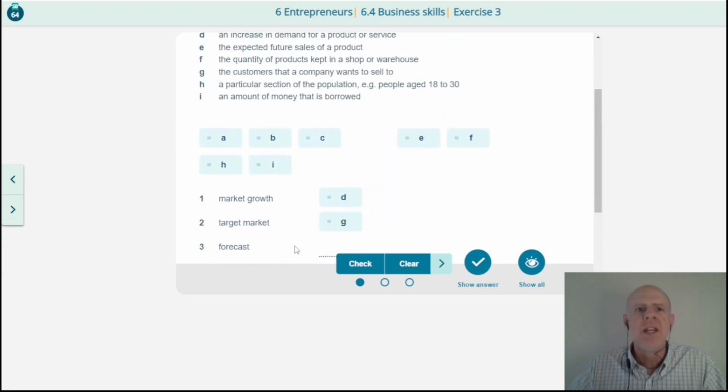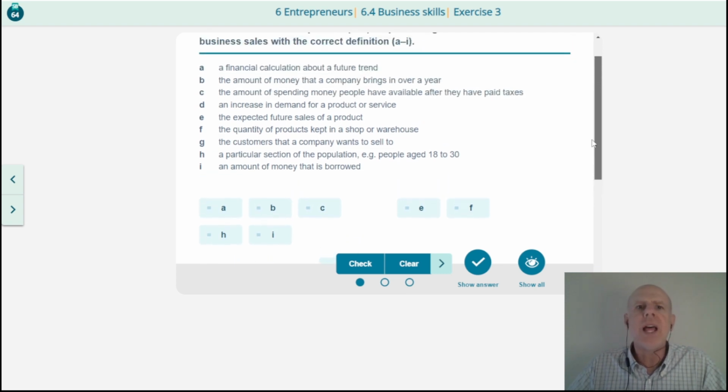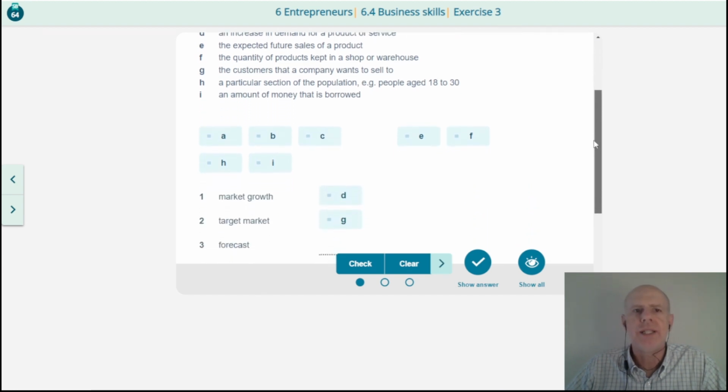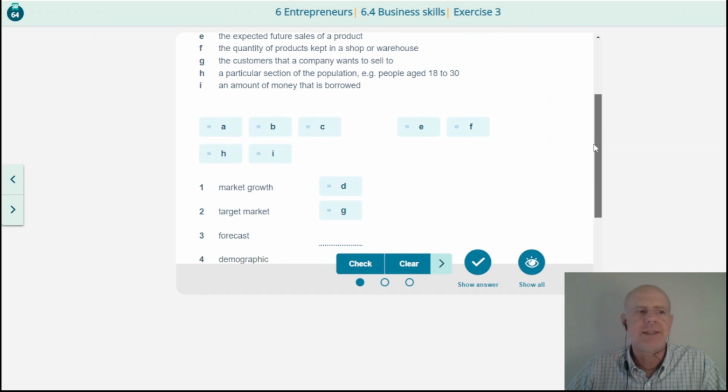After that, forecast. Have you seen the weather forecast? It's a prediction about the future, right? So, a future trend. A financial calculation about a future trend. It's the forecast.